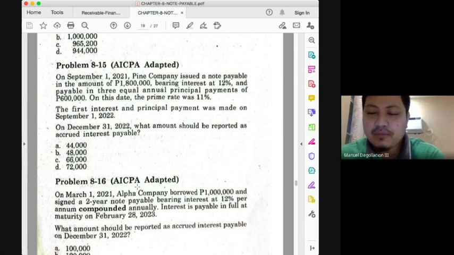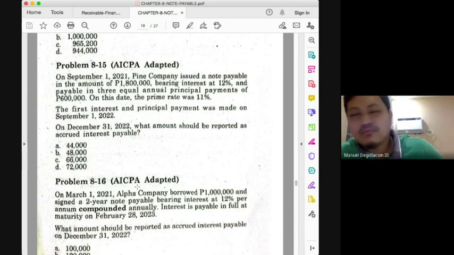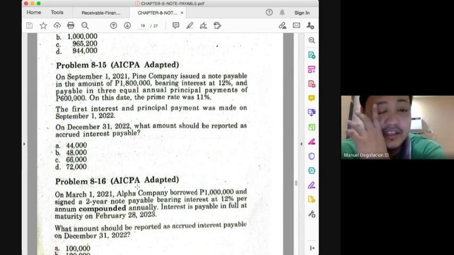So you multiply 1,800,000 times 12%, and you would get 216,000, but that 216,000 is worth 12 months.